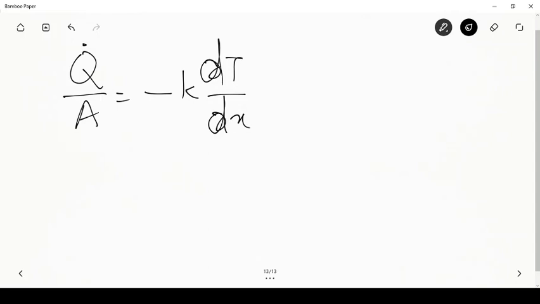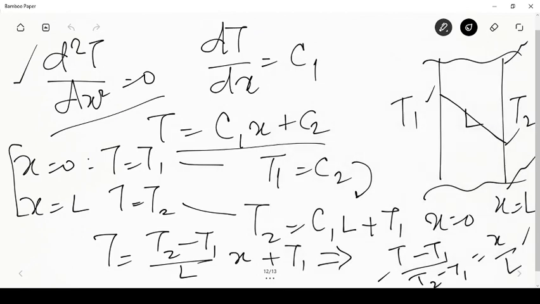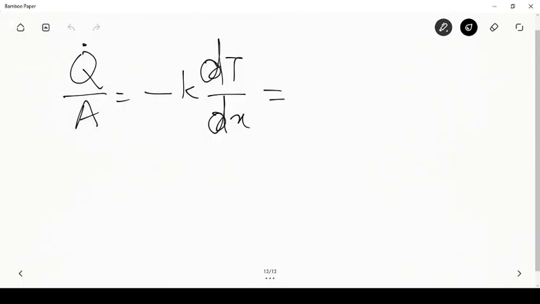From your previous slide, you know that dT by dx is a constant C1, and that C1 is equal to (T2 minus T1) divided by L. So if I use that expression here, it will be minus k times (T2 minus T1) by L, right?